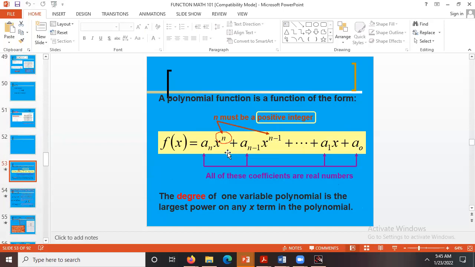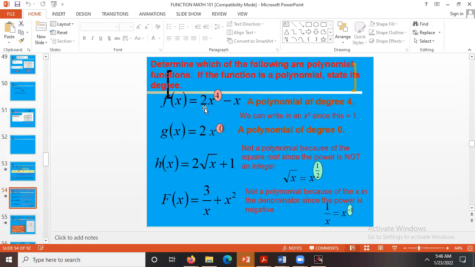The highest power of x gives you the degree, and the degree should always be a positive integer. That is what we have to note. For example, a function like 2x raised to the power 4 minus x has degree 4, and it's an integer, so it's a polynomial with degree of 4. Here, 2x raised to the power 0 is a polynomial with degree of 0.